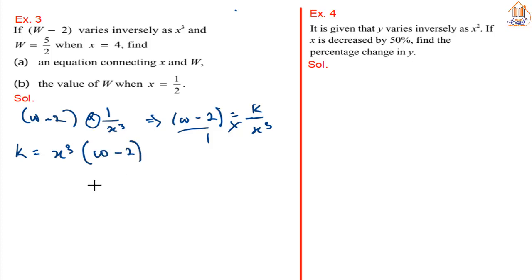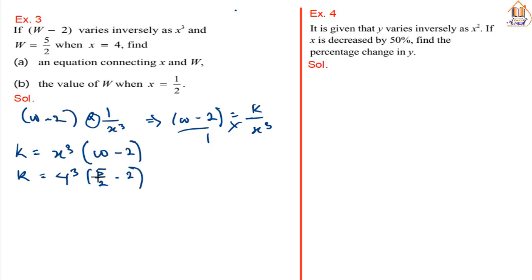Now, from the question given, we know that our w is equal to 5 over 2 and our s is equal to 4. Therefore, we have k is equal to 4 cube open bracket 5 over 2 minus 2. Now, we'll first take care of this bracket.